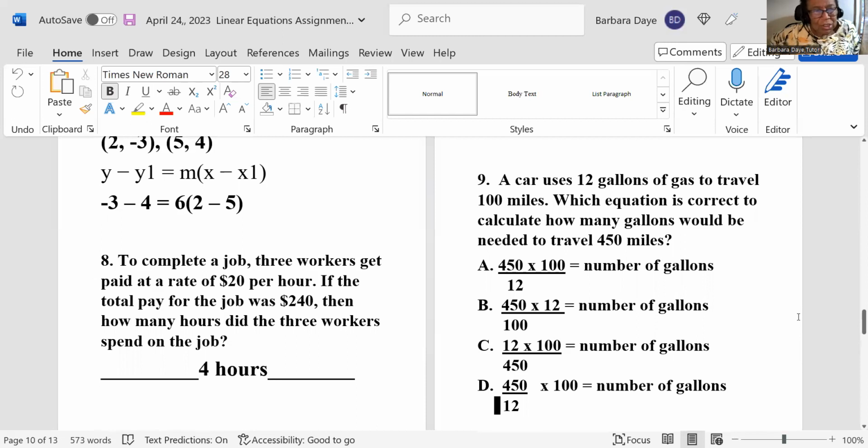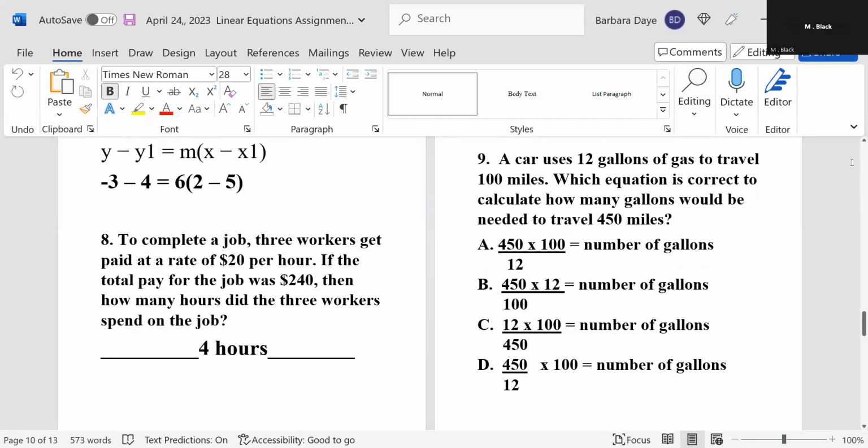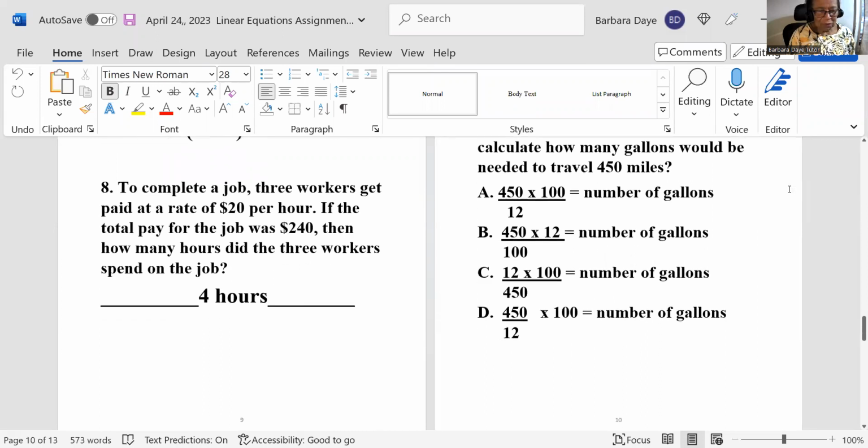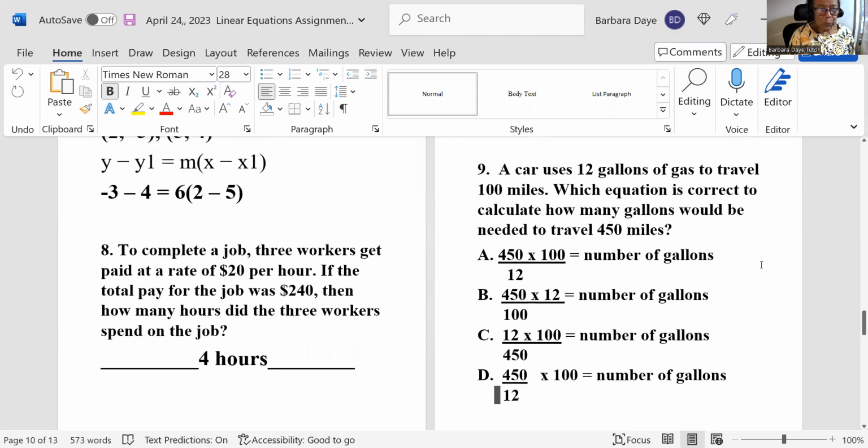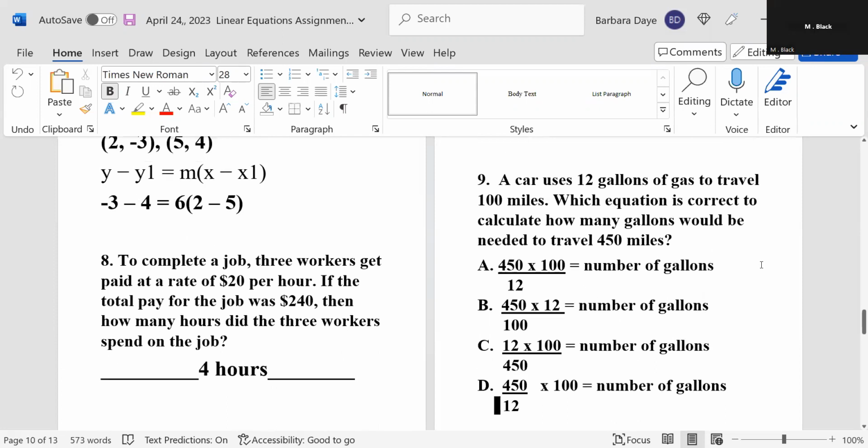Ratio proportion, right? Mercedes, you were on that ratio proportion before. So what's your ratio proportion here? How would you set it up? 12 over 1. 12 gallons to go 100, right?